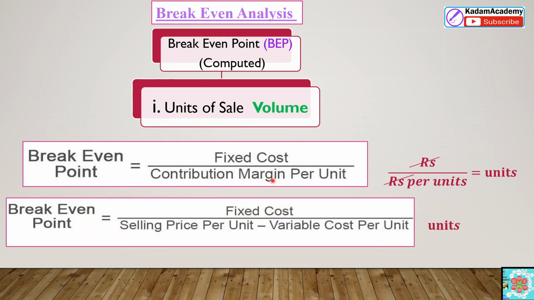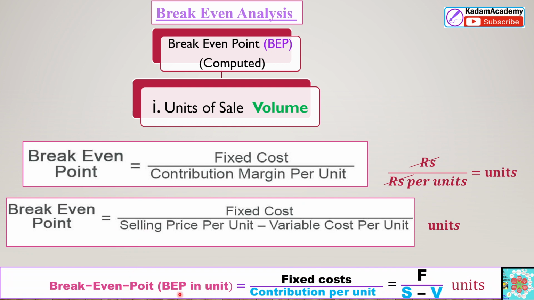The contribution margin per unit is the selling price per unit minus the variable cost per unit. This is the formula to get the BEP in volume or units of sale.